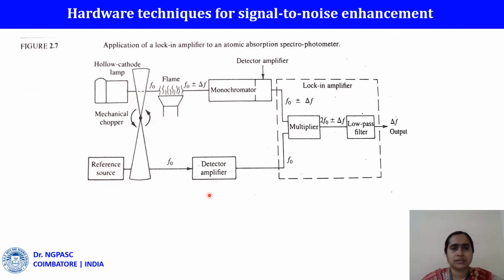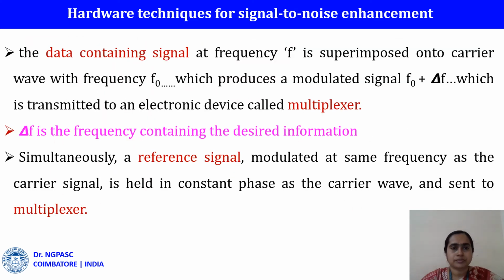This is a lock-in amplifier as found in the absorption spectrophotometer. You can see where the chopper is present, and the dotted lines represent the lock-in amplifier, where you have a multiplexer and a low-pass filter, and the monochromator, the detector, and the reference source. So this is the block diagram of a lock-in amplifier.